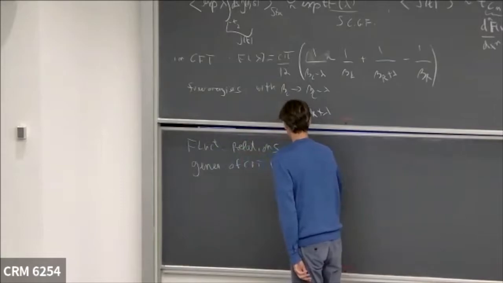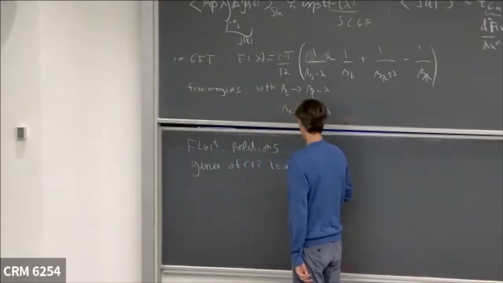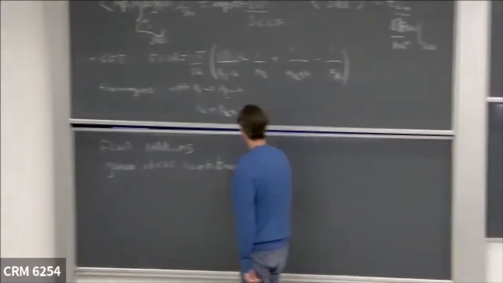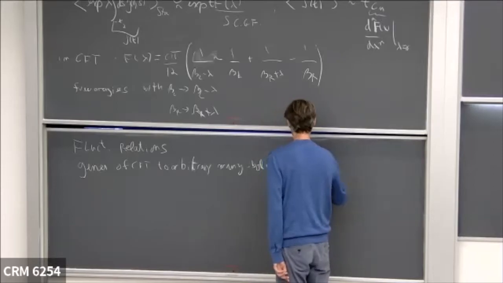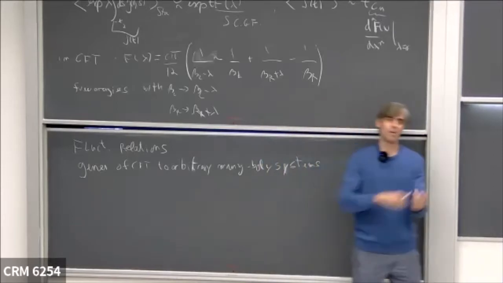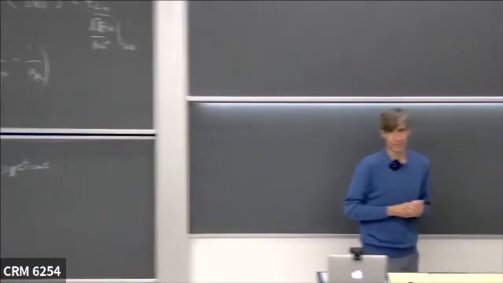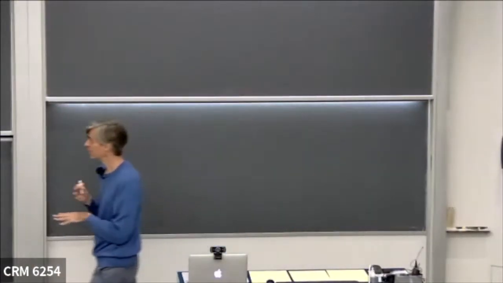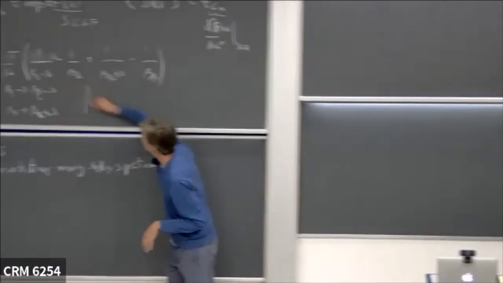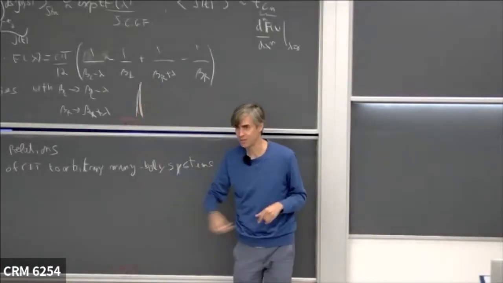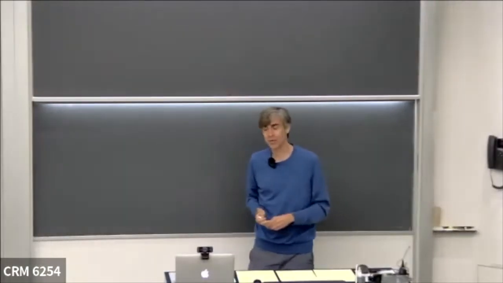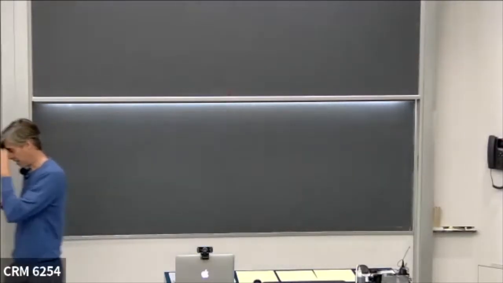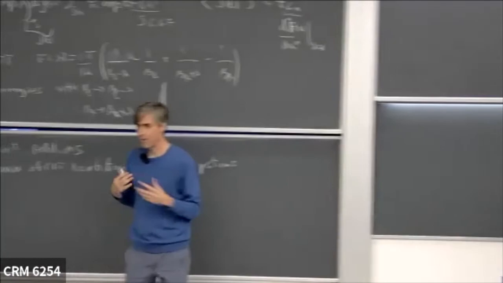The other thing is a generalization of this CFT result, and again it looks like a very strong statement, but this is what it is: to arbitrary many-body systems. Arbitrary many-body system looks pretty strong. Well, maybe with short-range interactions, something like that. Indeed, it is possible to generalize this idea of free energy with shifted temperature to arbitrary many-body systems, as long as you have appropriate information about these systems.